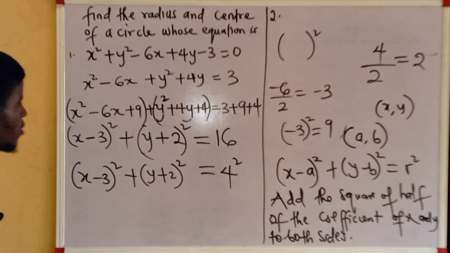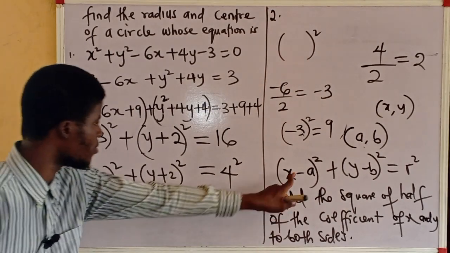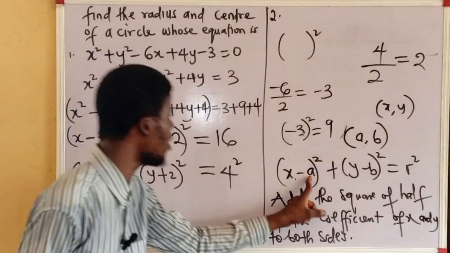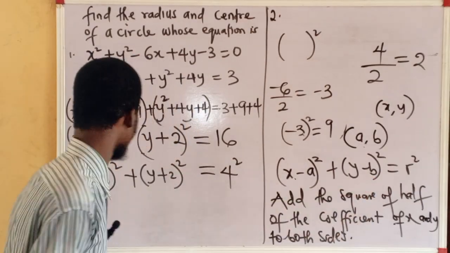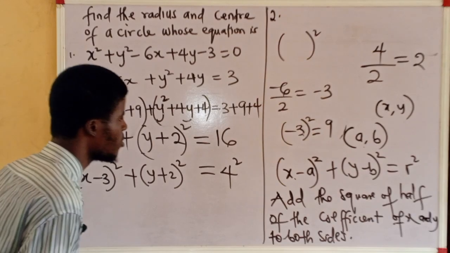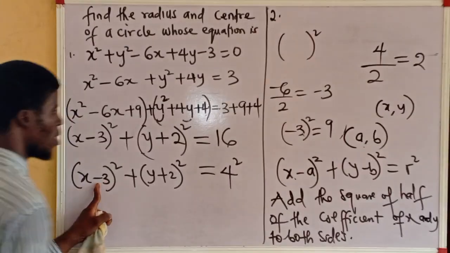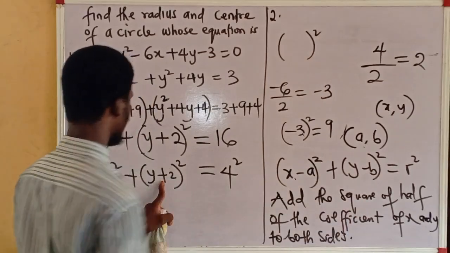Now, we said that the equation of a circle is this. So, to get the center, we need a and b. But see something here. I have a minus here, I have a minus here, but I have a plus here.